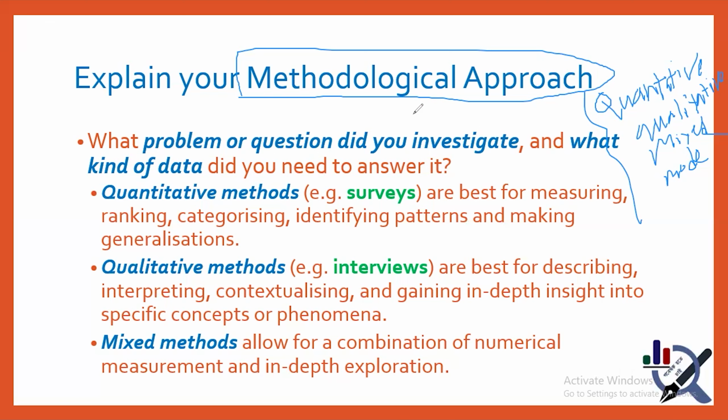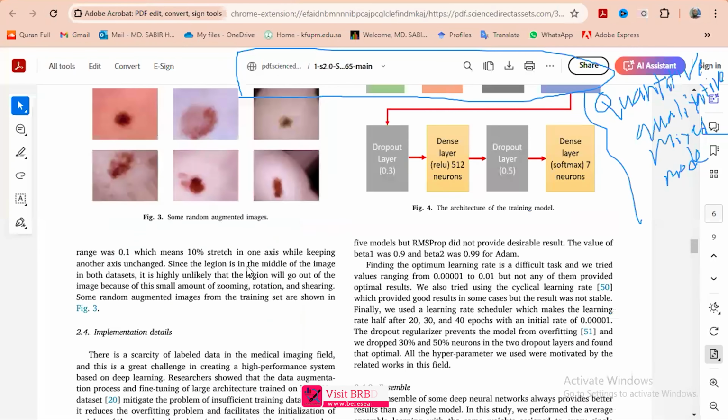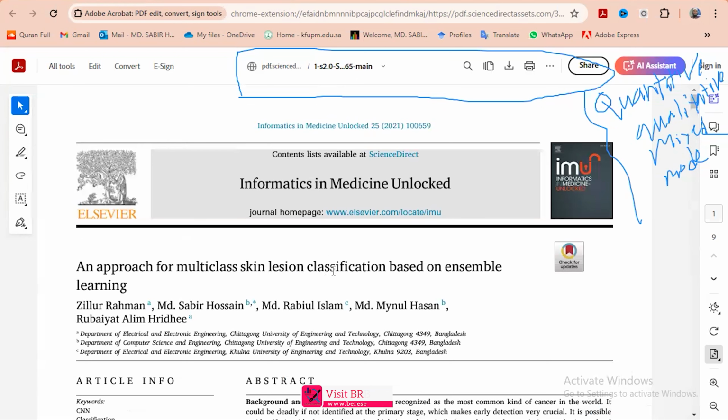That means the methodological choice is directly related to your research question. Am I right? Research question and also the research objective. Just for example, the previous example, let's continue this example so it will be good for us. So here our target was to detect the skin lesion, the best approach or the highest accuracy. So here our target is to improve the accuracy.